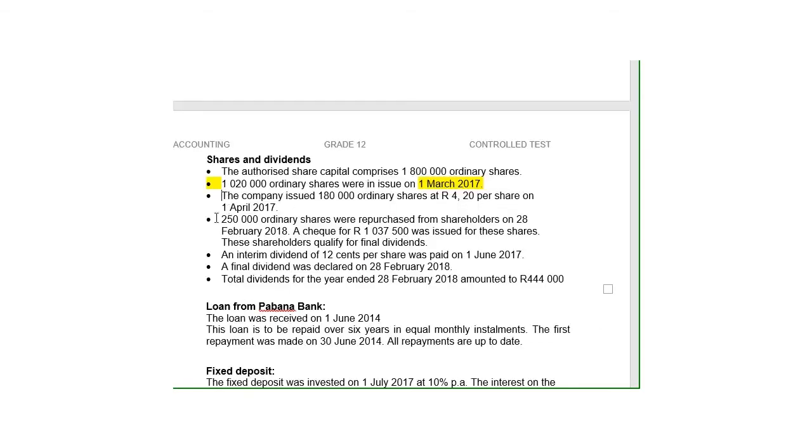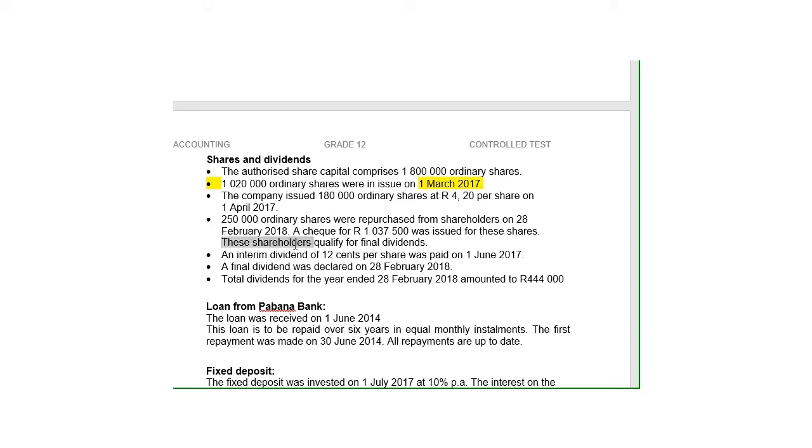Let's see what the next thing is. 250,000 were repurchased on the 28th of February. And a check of 1,337,500 was issued. These shareholders qualify for dividends that we will need later on.